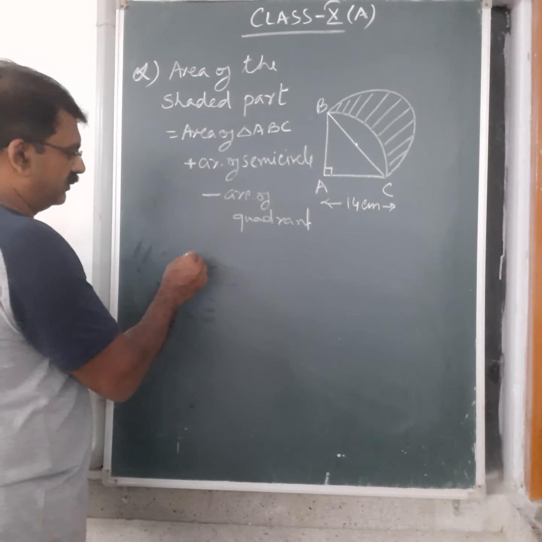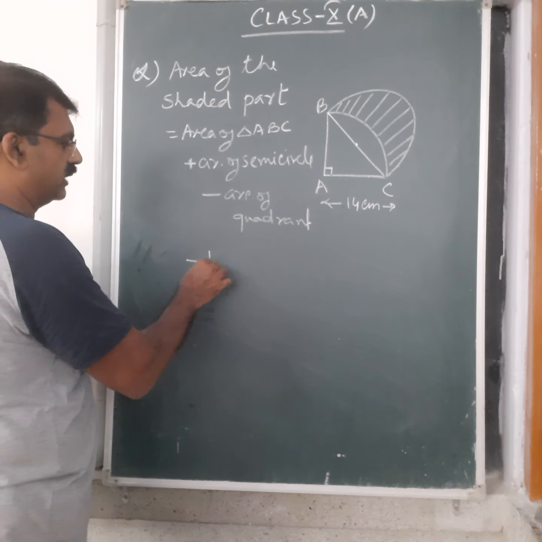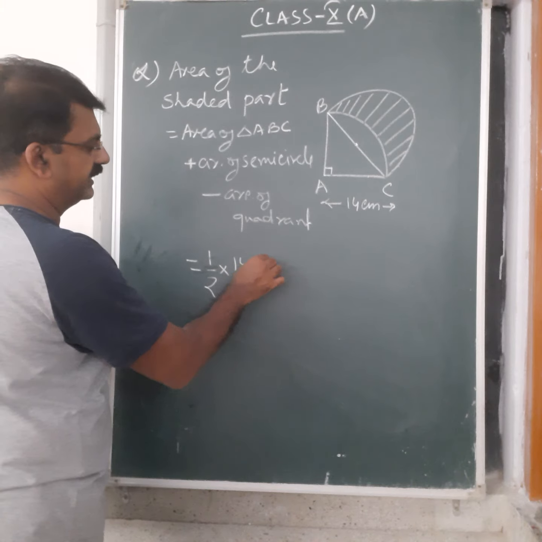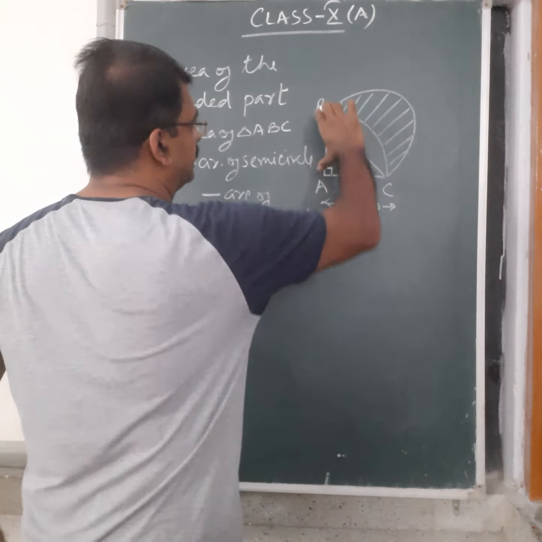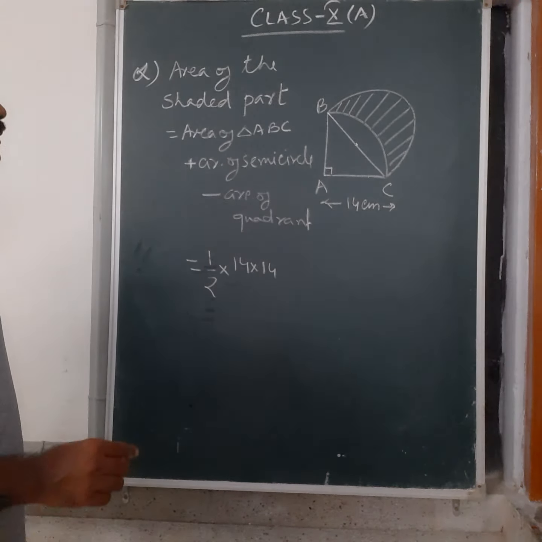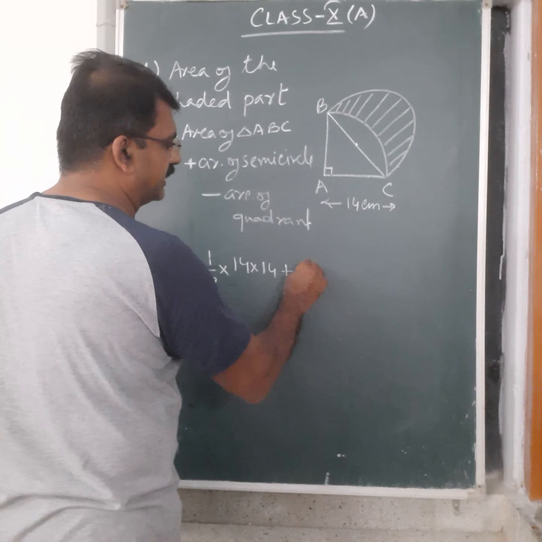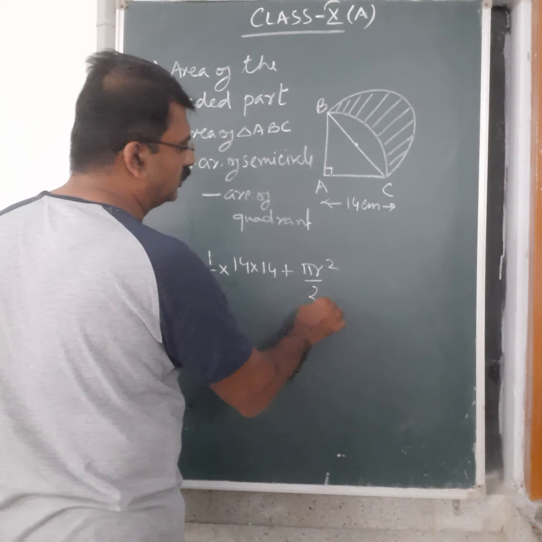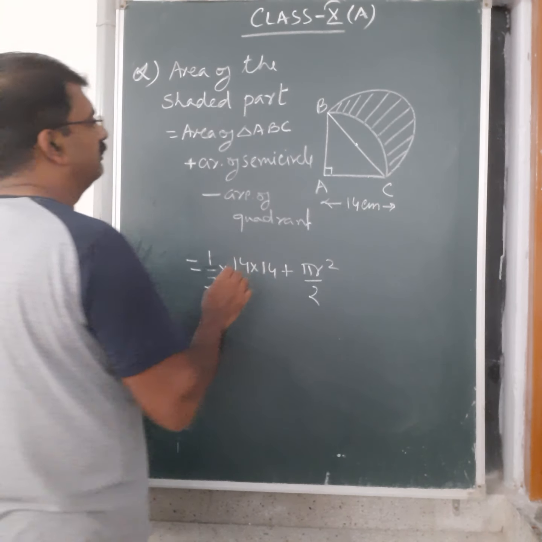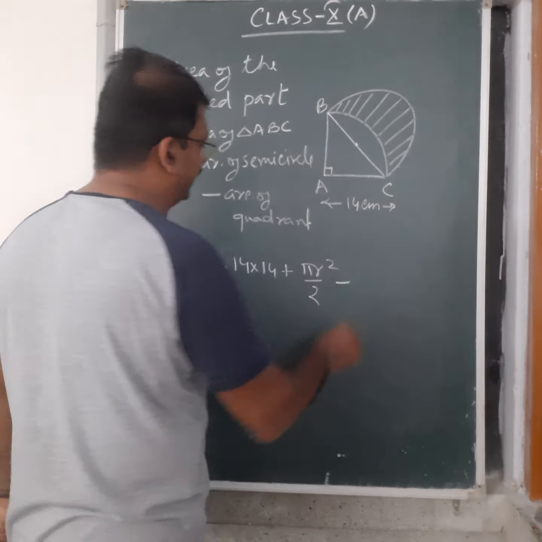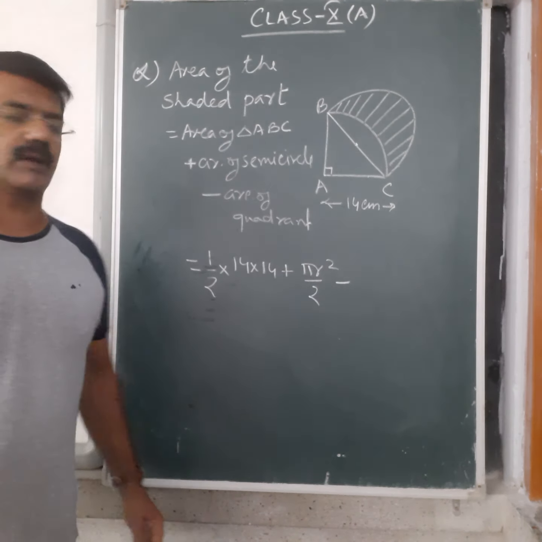Now area of the triangle is half base into height. So half, the base is 14 and the height is also 14. Now the area of a semicircle is pi r square by 2, and the area of a quadrant is pi r square by 4.